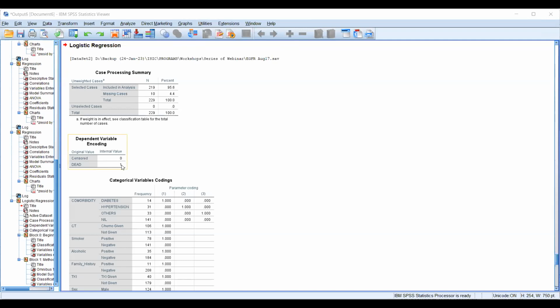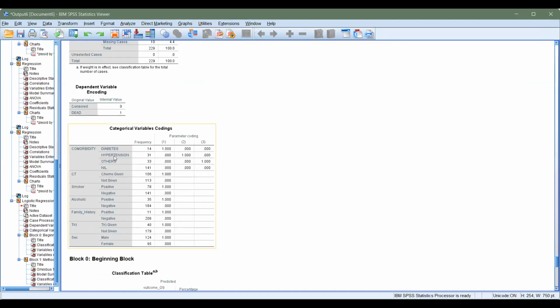We have diabetes, hypertension, and other comorbidity, and those who are not having any. 141 people are not having any comorbidities. 33 are having different ones, which we are not talking about, but as per literature, because we want to highlight diabetes and hypertension, we have taken those. So the nil category can be a reference category.